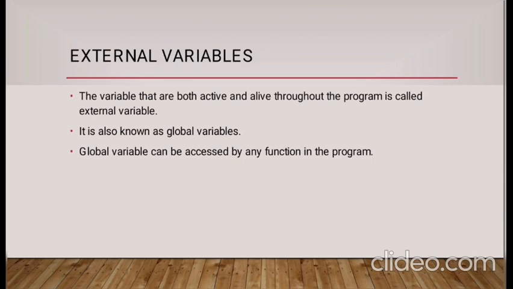Now we are going to see about external variables. External variables are also known as global variables because they have the ability to be accessed outside of the block. This variable is both alive and active throughout the program. Since it is a global variable, it can be accessed by any function in the program.